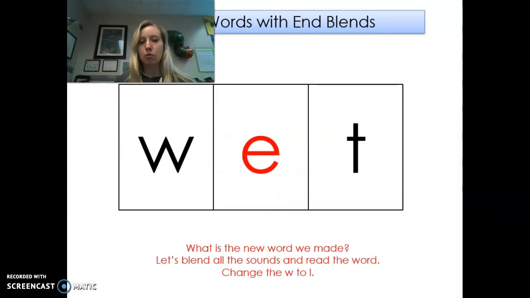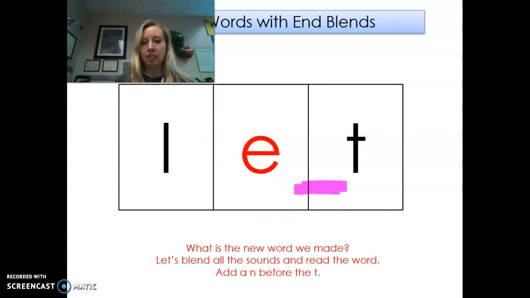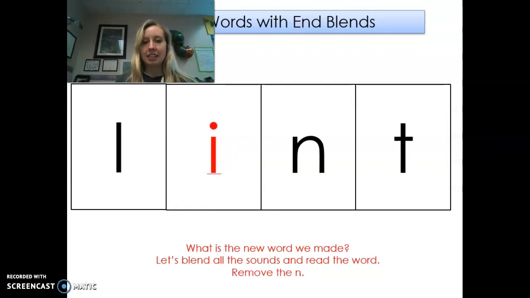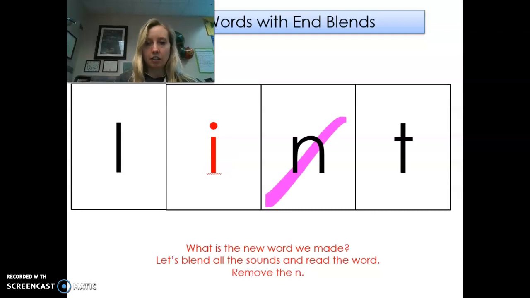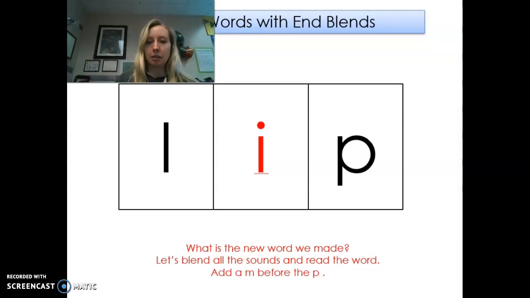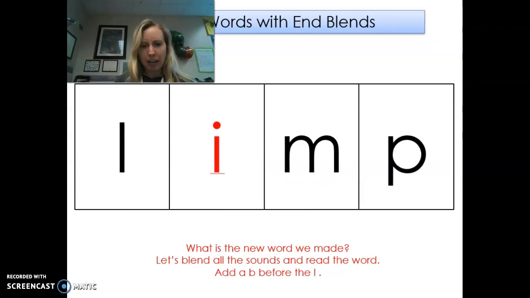Change the w to l, let. Add an n before the t, lent. Change the e to i, lint. Get rid of the n, it becomes lit. Change the t to p, lip. Add an m, limp. Add a b before the l, blimp.